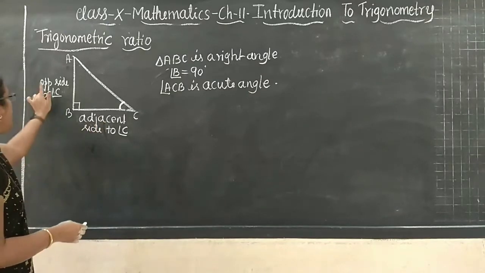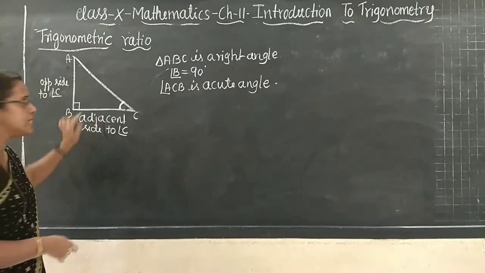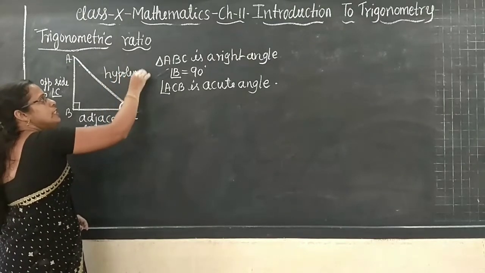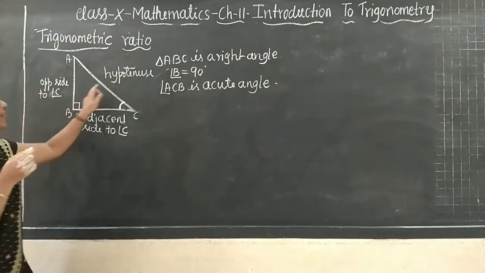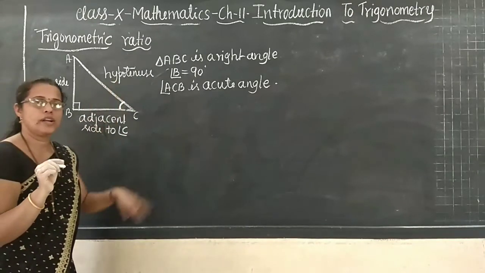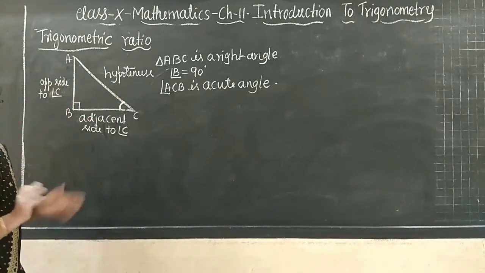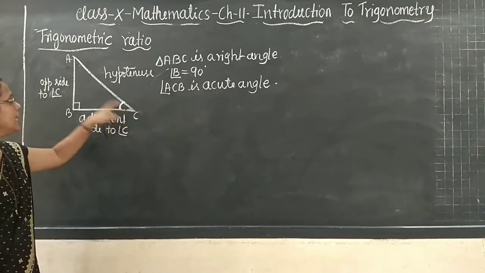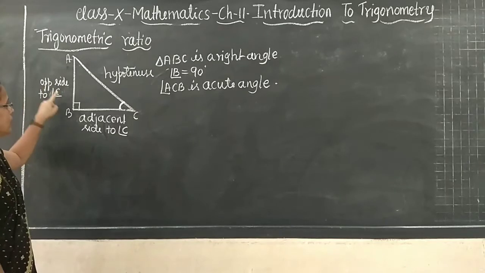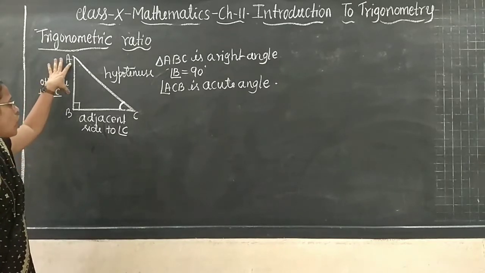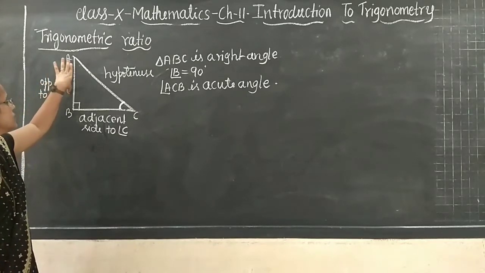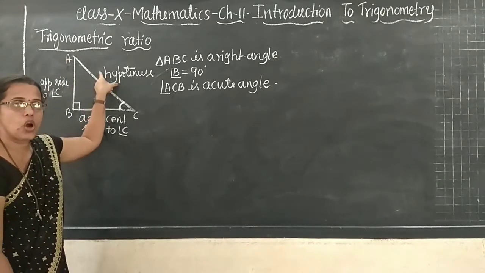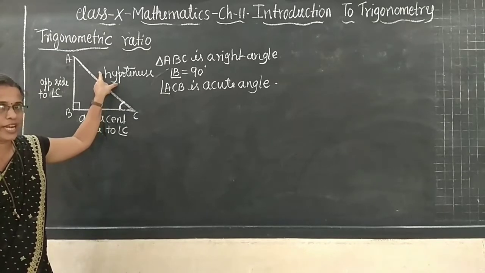If it is opposite, if it is adjacent, what is this, children? That you know, this is called the hypotenuse. Yes, the side in front of the 90 degree angle is called the hypotenuse, which is the longest side in a right angle triangle. Got it? So with respect to angle C, this line is the opposite side, this is the adjacent side and this is the hypotenuse. Understood, children?